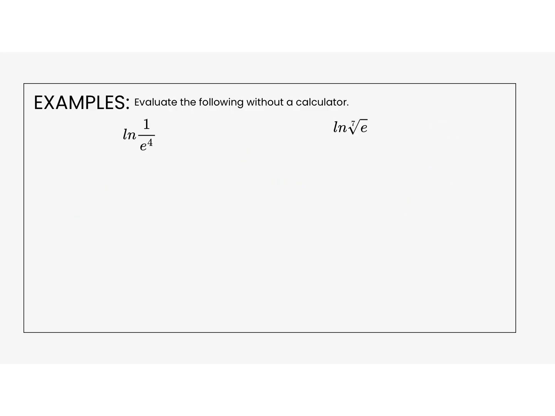Okay, these last two get a little bit trickier. These are 10 and 11 in your packet. So this is e to what power equals 1 over e to the 4th. I know that a fraction should be a negative exponent, so that would be negative 4. And then this one, e to what power equals the 7th root of e.